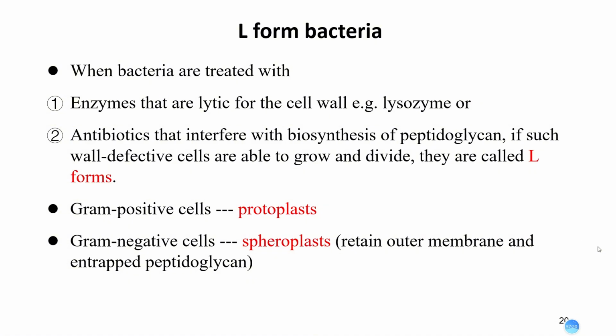That happens in patients, especially inside our body. If a bacterium gets rid of its cell wall, we call it an L-form bacterium, L-form. It can happen when the bacteria are treated with either enzyme or antibiotic. They just get rid of their own cell wall.